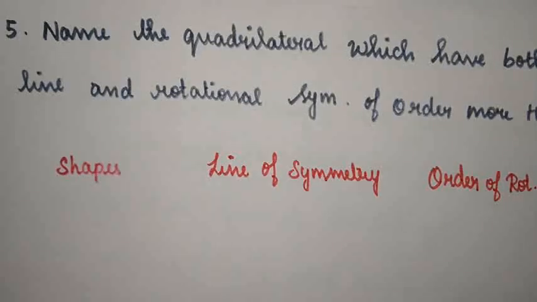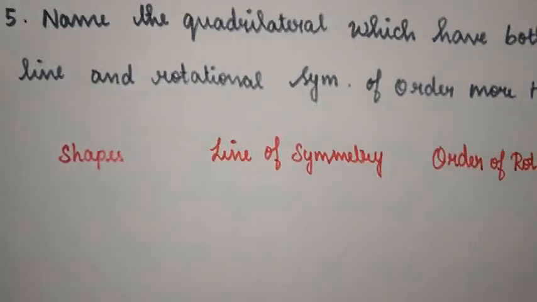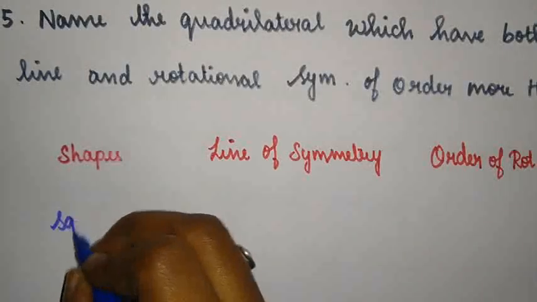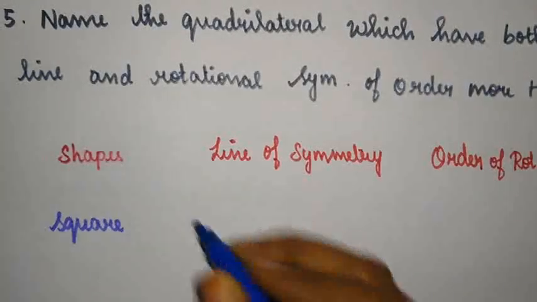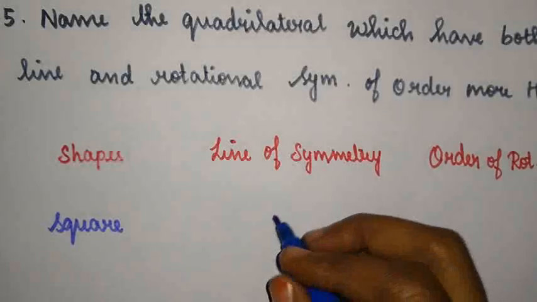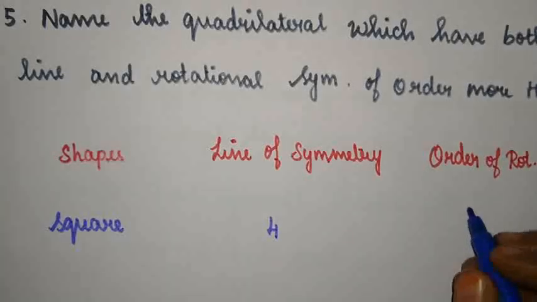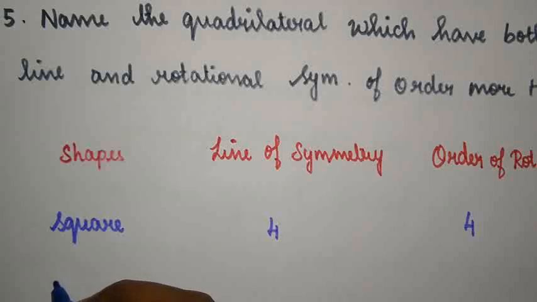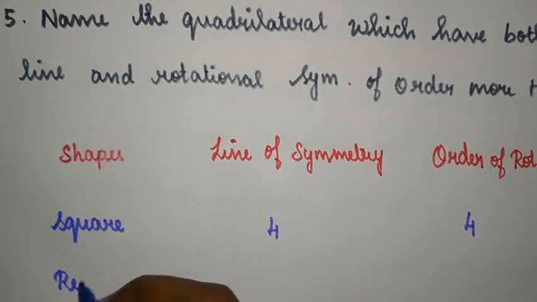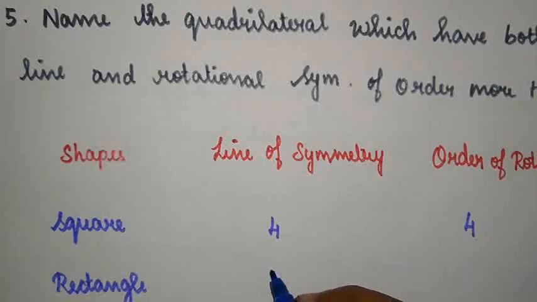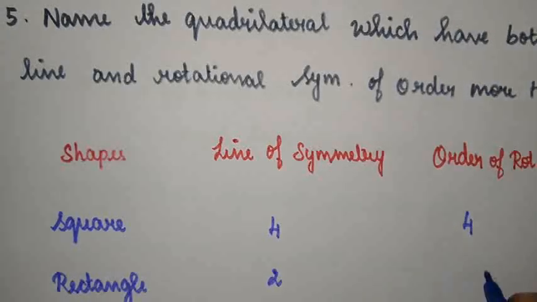First we have to write the shapes of quadrilaterals. Already you know. And we take square. How many lines of symmetry does a square have? 4. Order of symmetry also 4. Next we take rectangle. Line of symmetry here is 2.